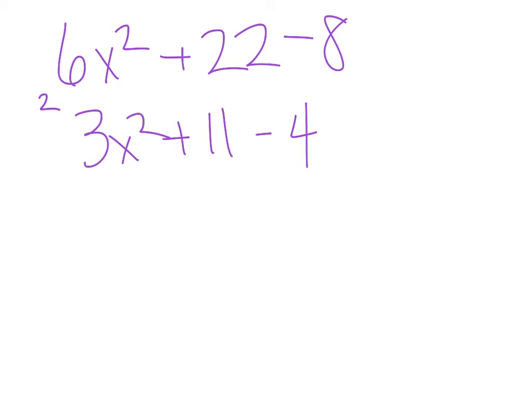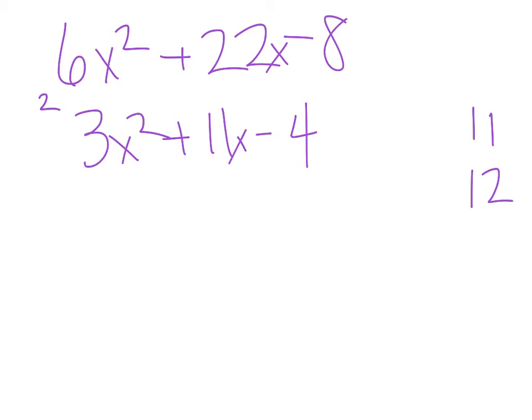Alright, so again, if I look at it, I notice I have a negative here and a positive there. Oh, I'm missing something though. Huh, nice. x. There we go. So I know that whatever my numbers are needs to add up to 11 and multiply to get 12.